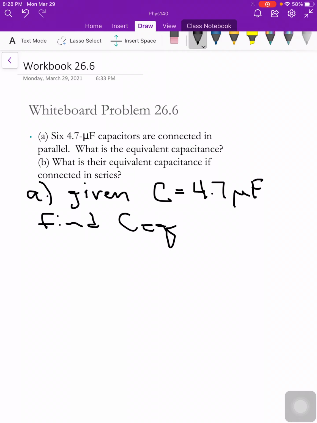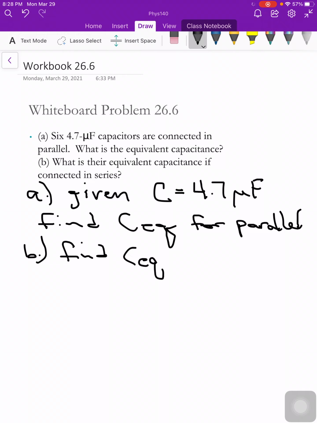And for B, this is for parallel. Oops. And B is find CEQ for series.